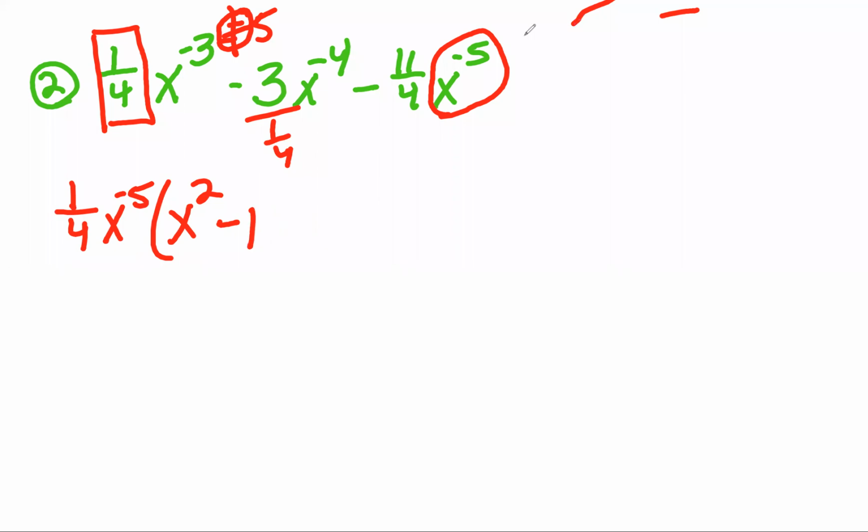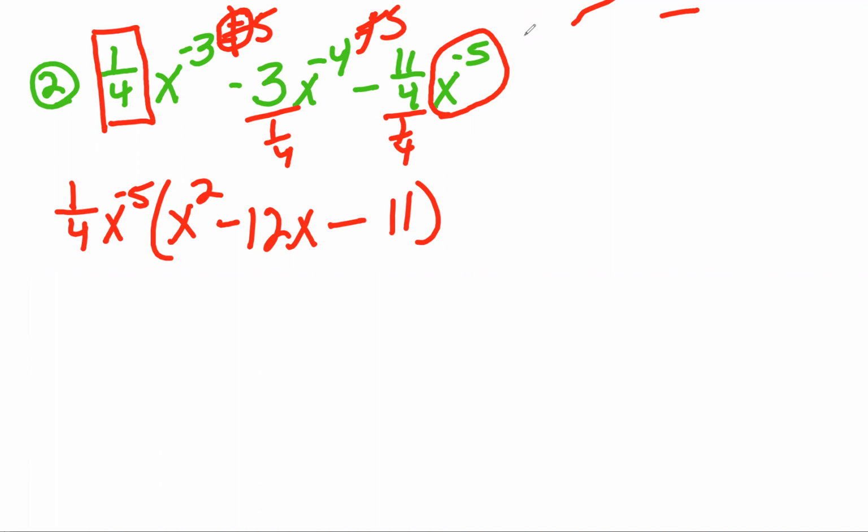So minus 12x, and -4 minus -5 is just to the first power. Minus 11 divided by 1/4 gives me minus 11. And then I want to see, is it possible for me to factor that anymore? And this time it's not, the way I have the problem written.